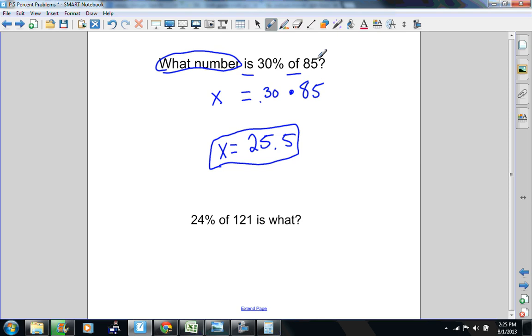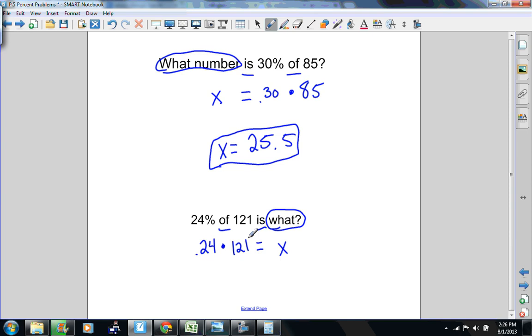Okay, so we'll try the one on the bottom. Keywords again: of and is. Of is multiplication. Is is an equal sign. And the what, well, that's our x. So now we have 24% turns into 0.24. 121 stays.